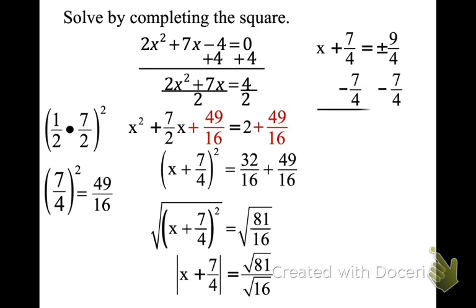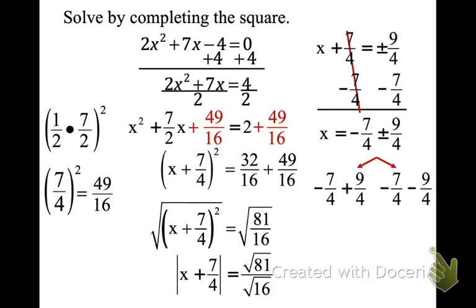So now I'm subtracting 7/4. And then we get negative 7/4 plus or minus 9/4. And so we get negative 7/4 plus 9/4 is 2/4, and negative 7/4 minus 9/4 is negative 16/4. So it's 1/2 or negative 16. Negative 4, sorry.